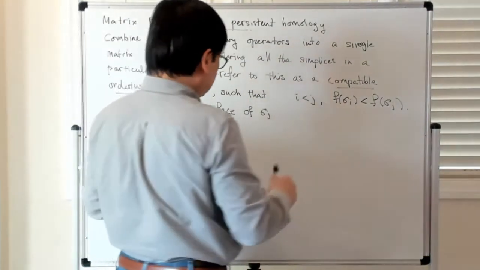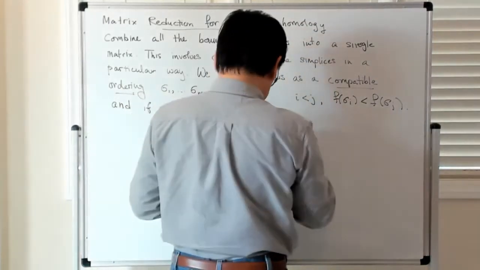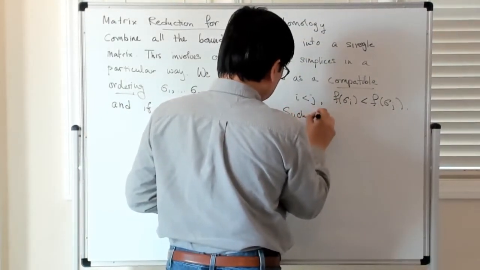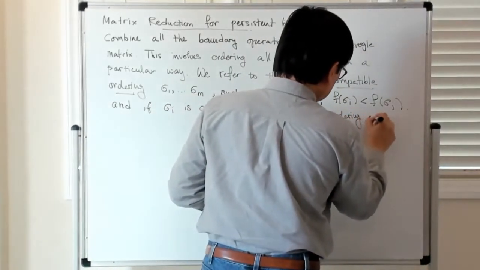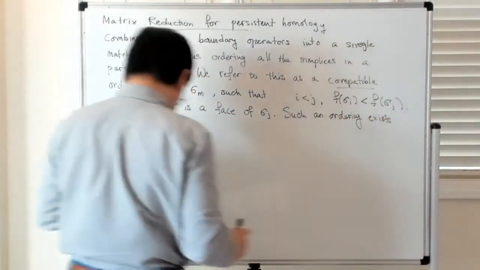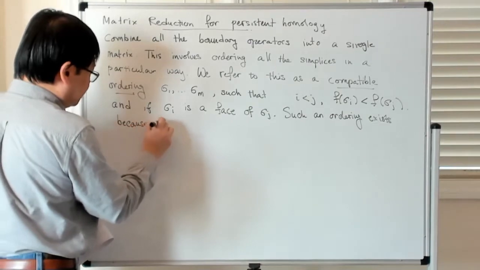Okay, so such an ordering exists because F is monotonic.